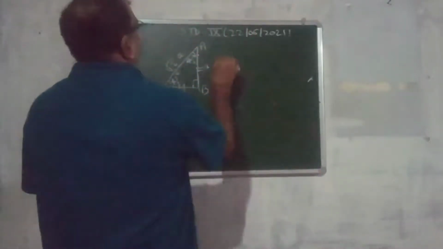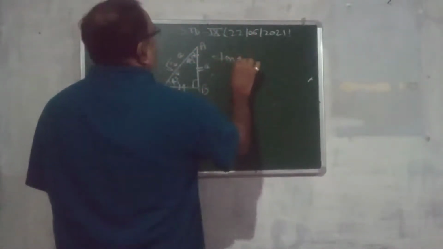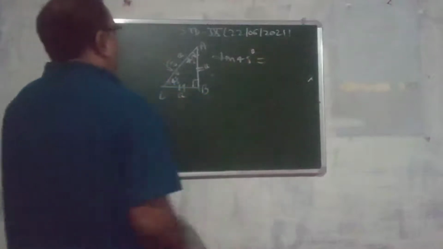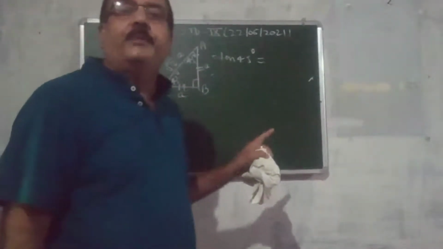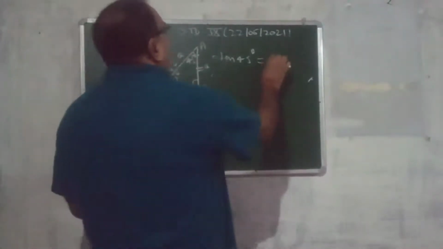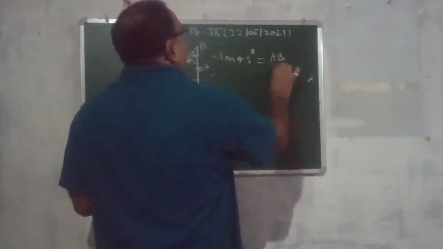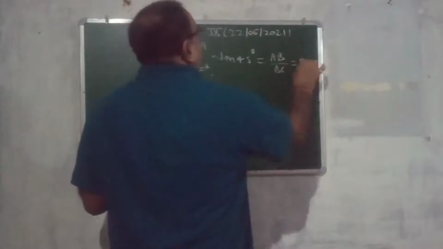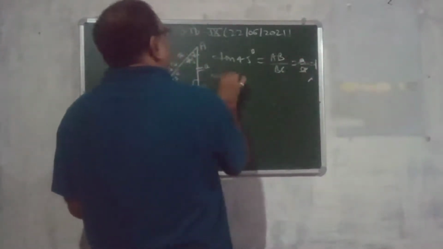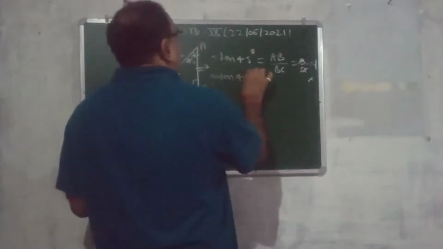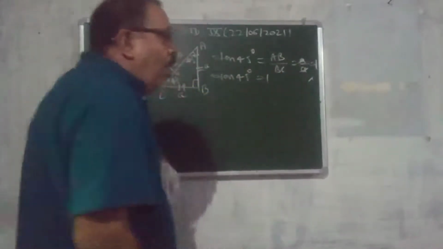Now come to tan 45 degree. I have taken the angle C, so tan 45 is perpendicular by base. Perpendicular is AB, base is BC, so A by A cancels, that is 1. So tan 45 is equal to 1.